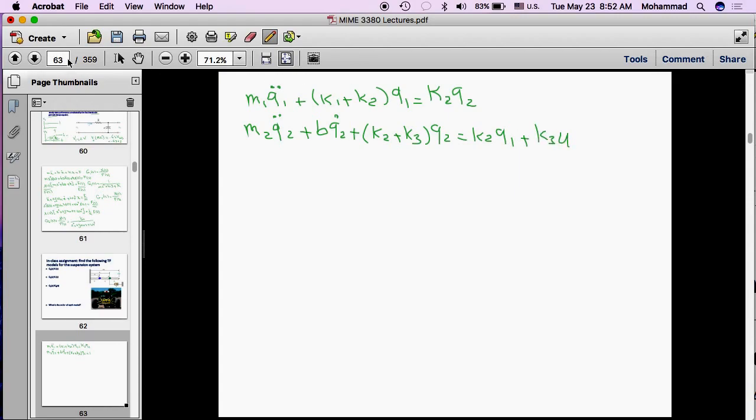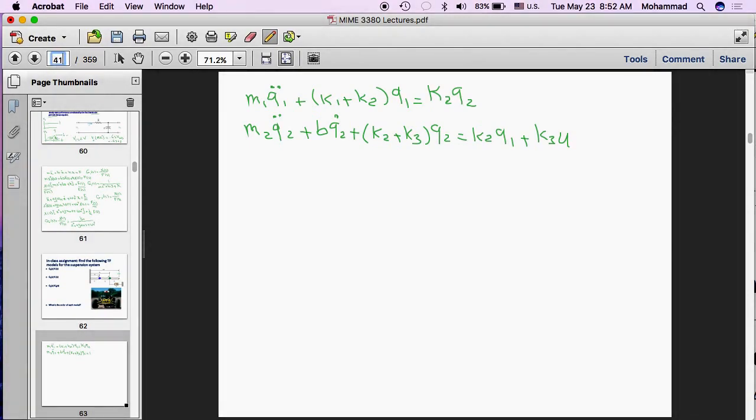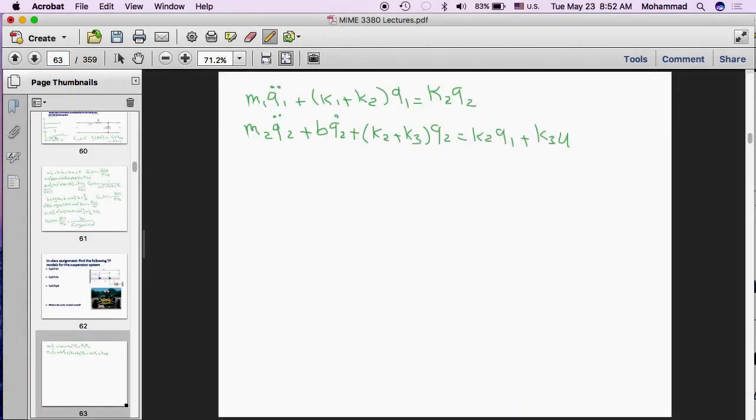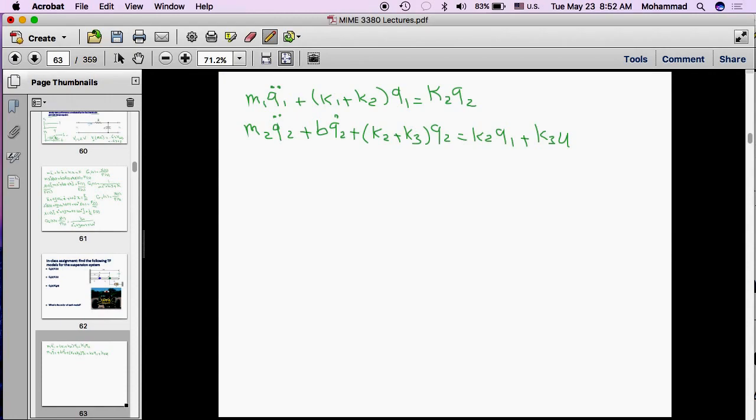Let me double check one more time. K2 q1, k3 u. I think we got it. So these are the two differential equations.